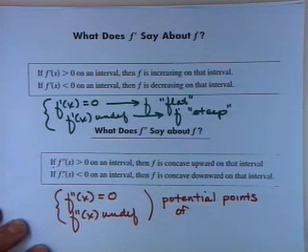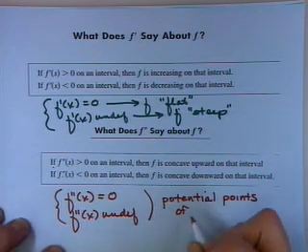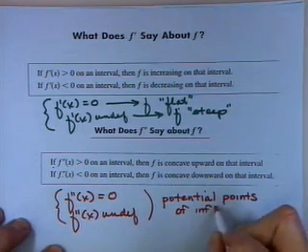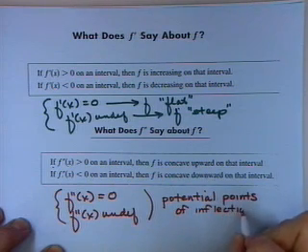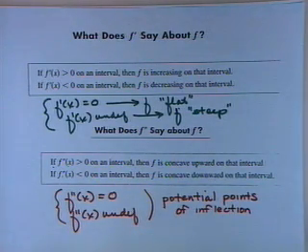Anybody heard that before? Points of inflection. Now, I put potential there because they may or may not be. It actually has to change concavity there in order to be a point of inflection.